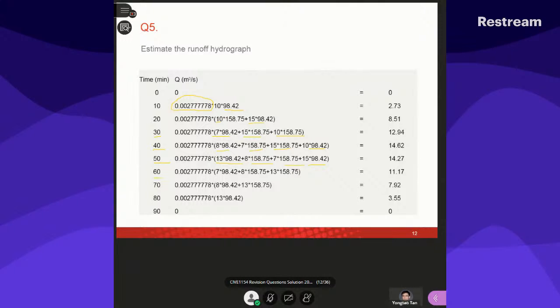But for time 60 minutes only 3, and 70 minutes only 2, and 80 minutes only 1, and at 90 minutes no area contributing to runoff. So you can see here is the runoff hydrograph of this rainfall.